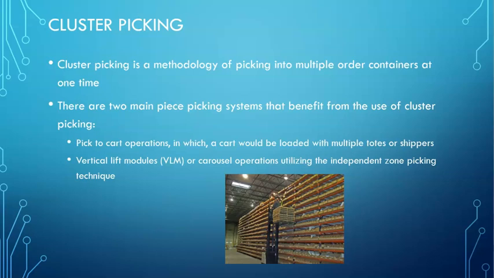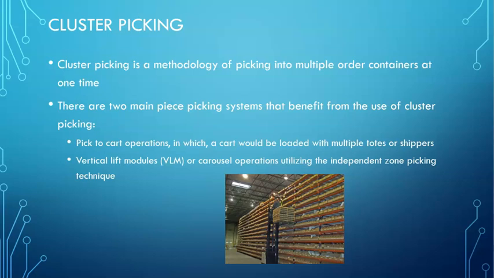There are two main piece picking systems that benefit from the use of cluster picking. Pick-to-cart operations, in which a cart would be loaded with multiple totes or shippers, and the picker will make one pass through the pick zone and sort to the pick containers, thereby avoiding unproductive travel.